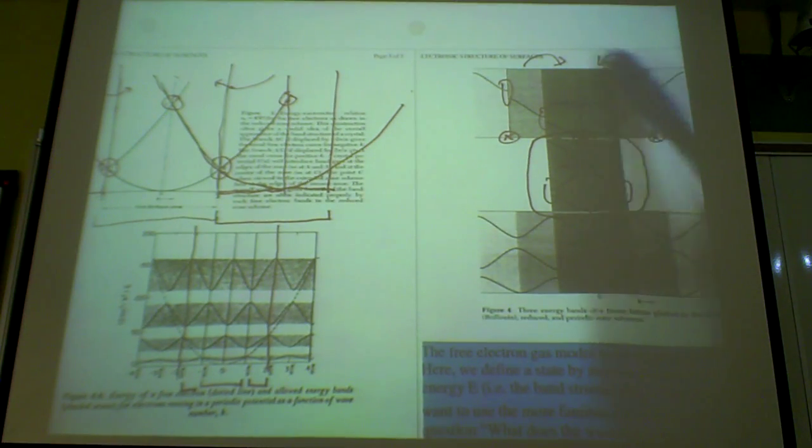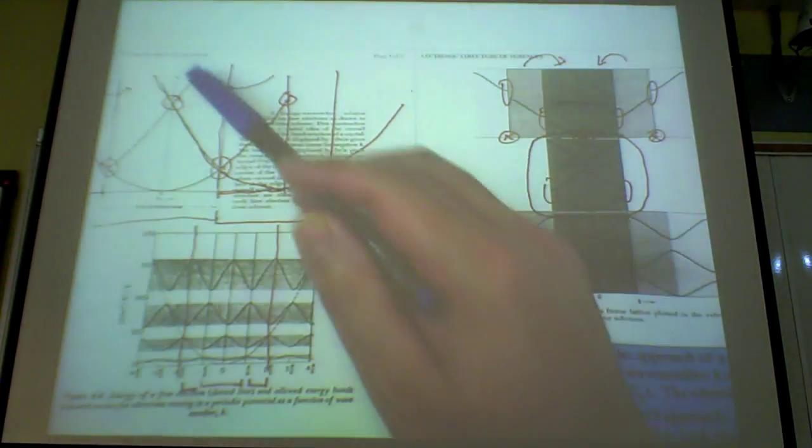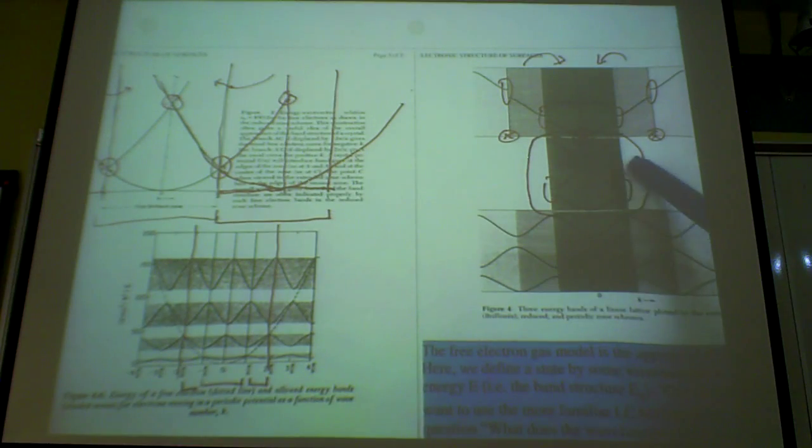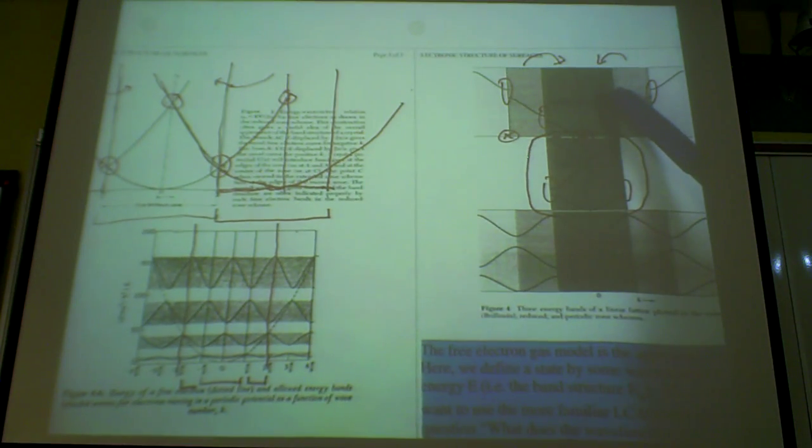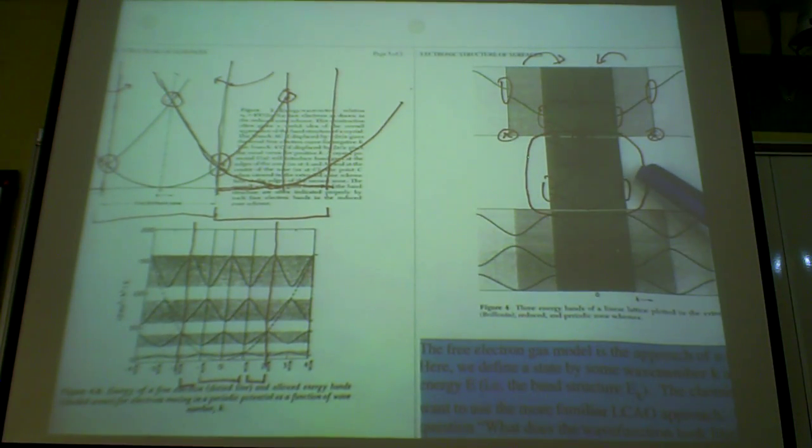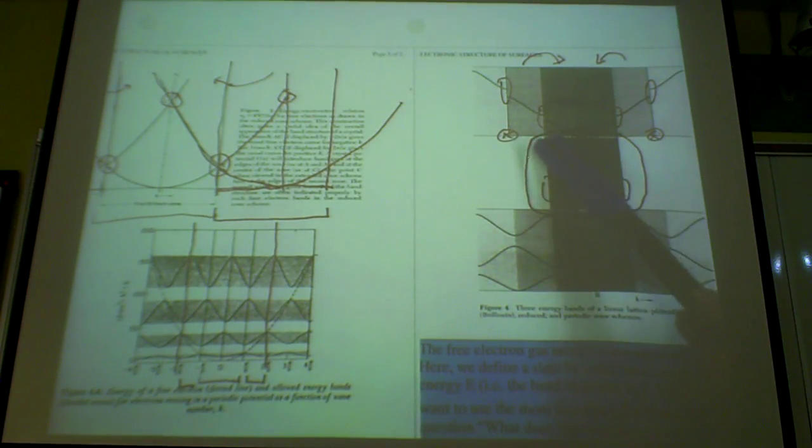And then if I fold it back, like what I did here, what I got is this reduced zone. So I have an extended zone scheme. This is a reduced zone scheme, and you got a gap in between. Okay, so those are the results of the periodicity that you see.